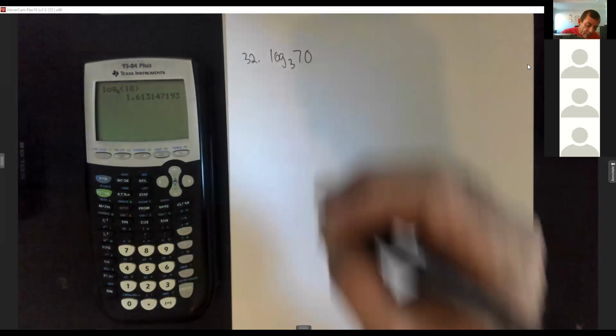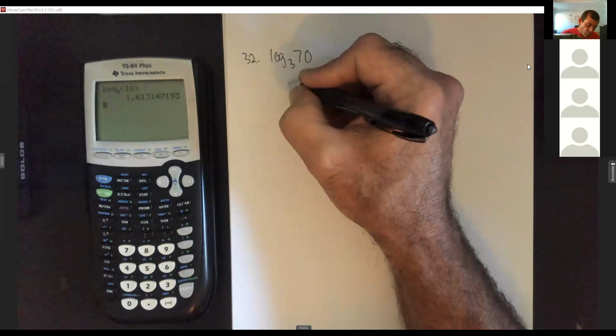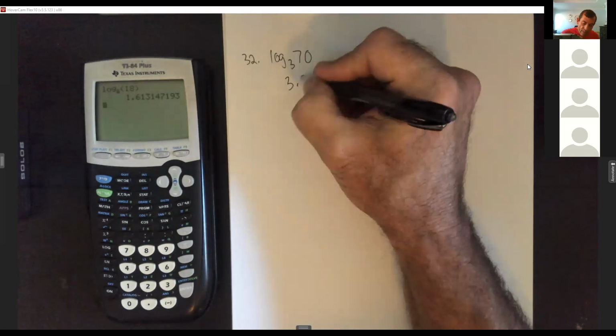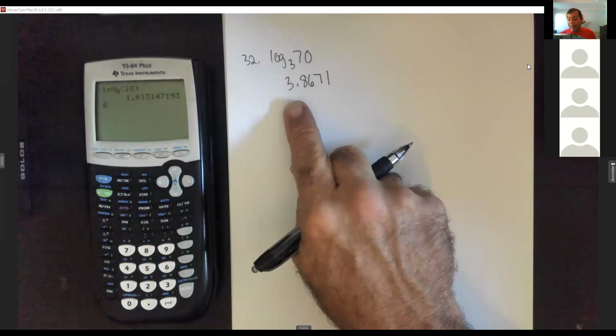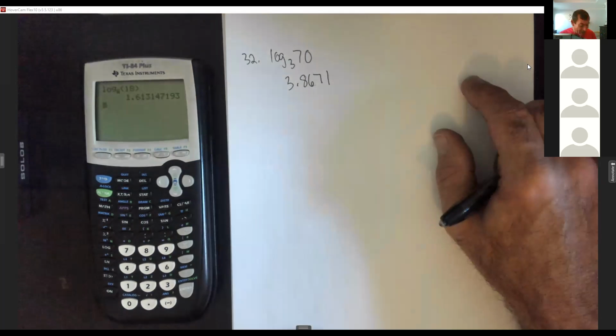So what y'all get? 3.8671. Now, I'll be happy with that because I know 3 to the third is 27. 3 to the fourth power is 81. So it had to be in between 3 and 4. So good job.